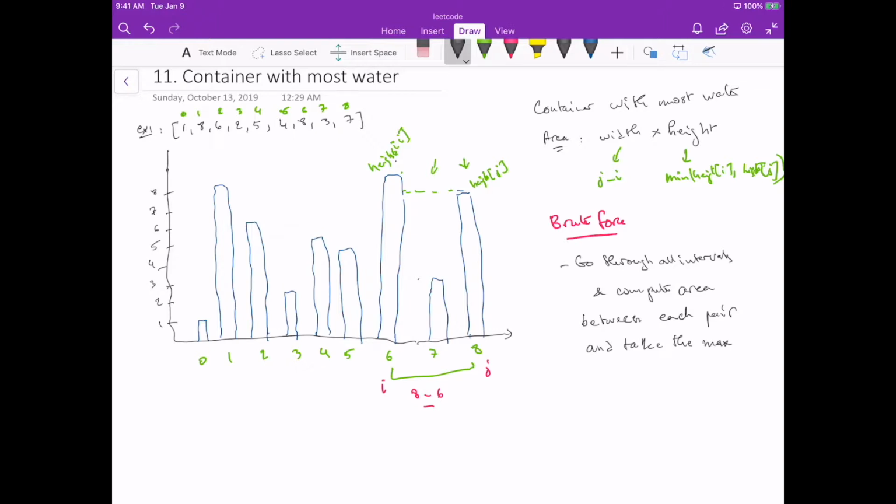So that's a very simple solution. This will probably get a time limit exceeded, but let's just do it, and then from there we can take a look at what we can improve.